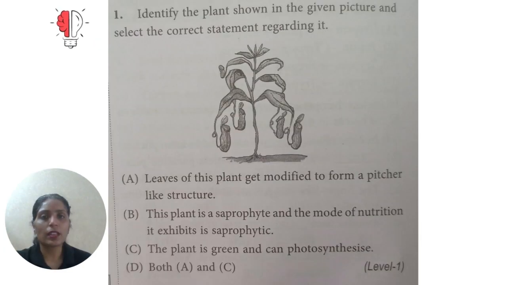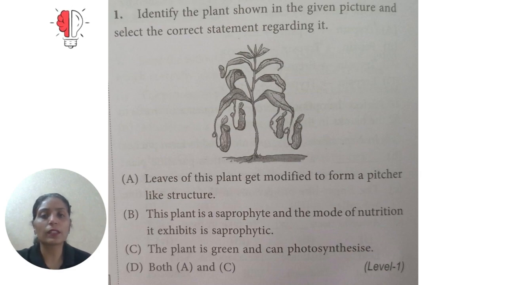The next question says identify the plant shown in the given picture and select the correct statement regarding it. So if we see the figure, clearly we are seeing that some leaves are getting converted into pitcher. So it is a pitcher plant. Now option A says leaves of this plant get modified into pitcher like structure. Yes, for this plant the leaves themselves will convert into pitcher to trap the insect. B says this plant is a saprophyte and the mode of nutrition it exhibits is saprophytic.